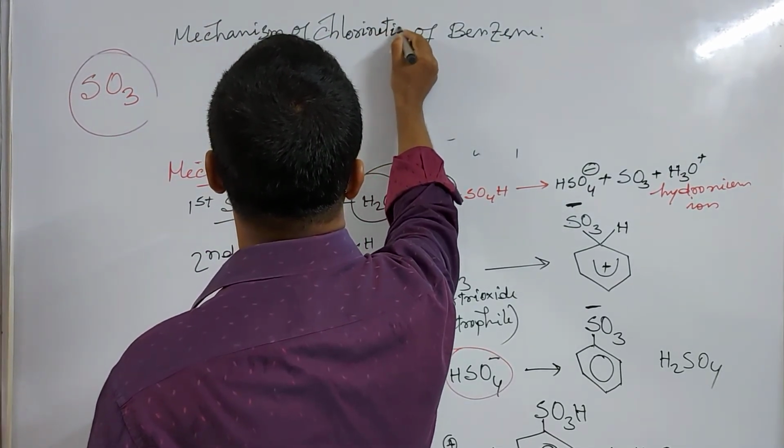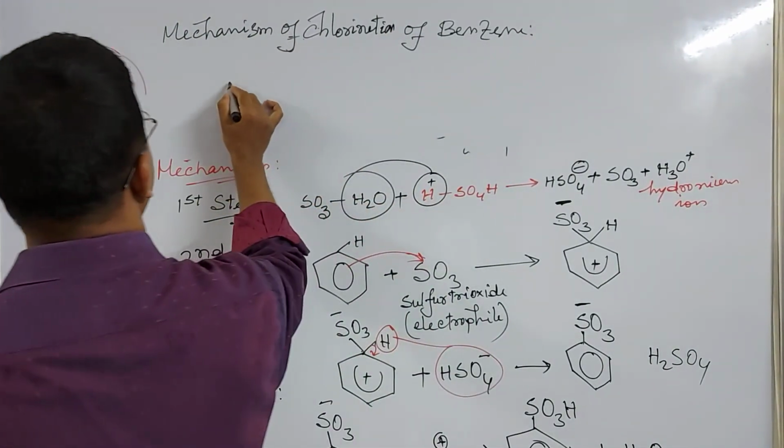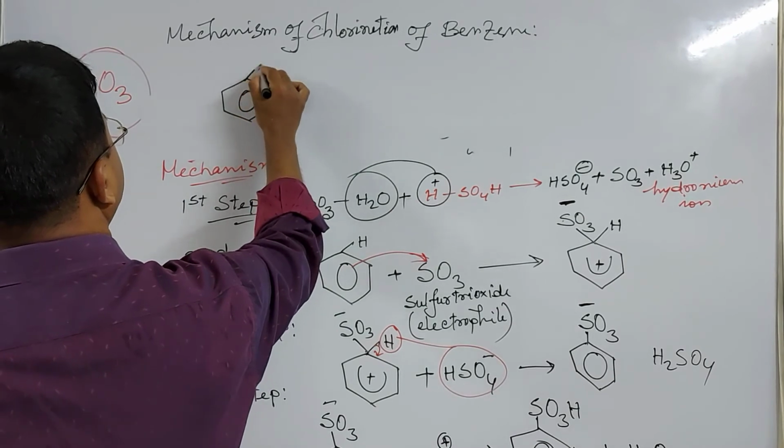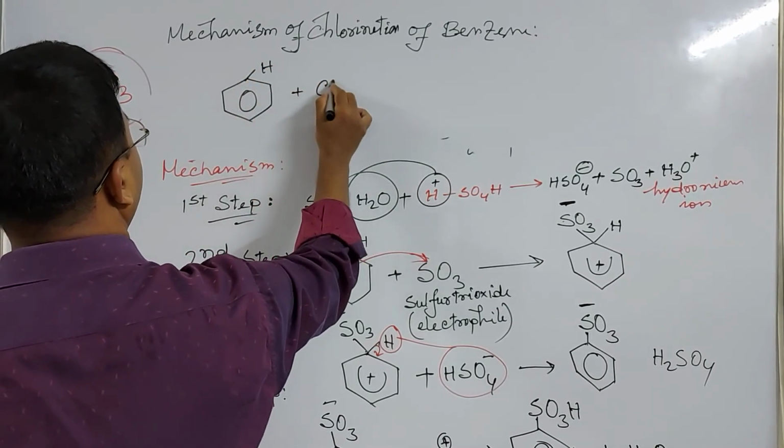Chlorination of benzene. So what is the reaction here? Benzene, this is the benzene ring, and chlorine molecule.